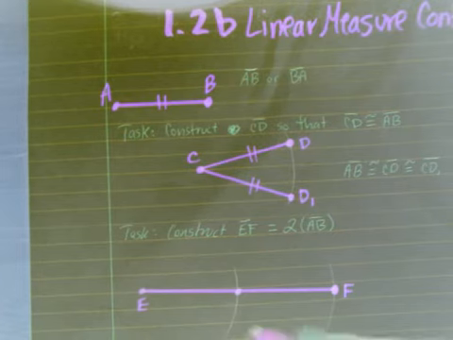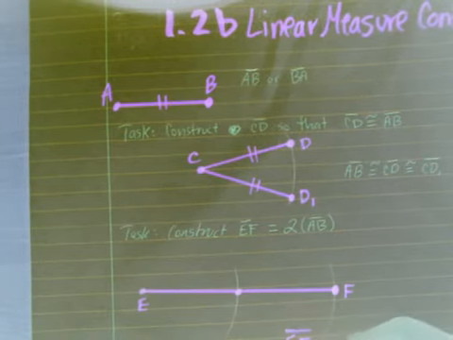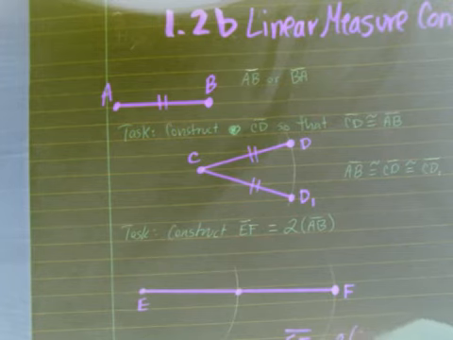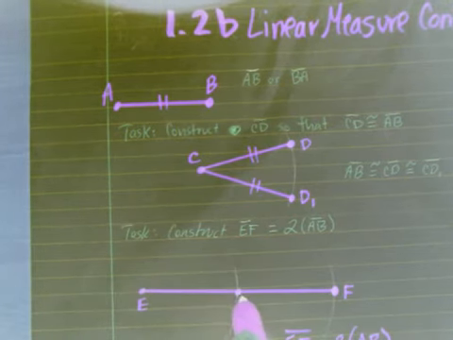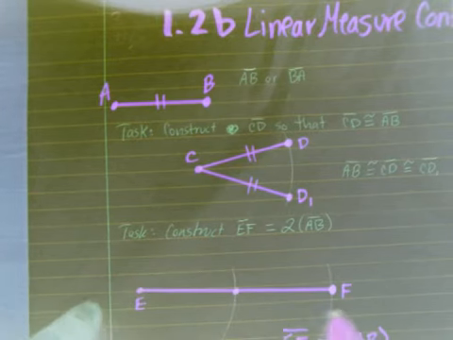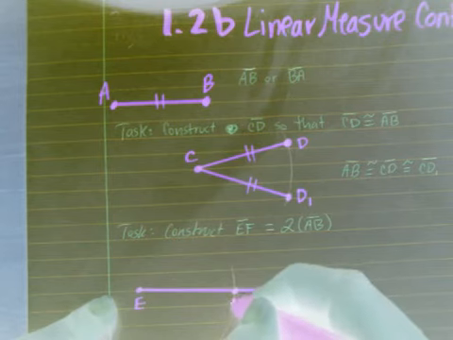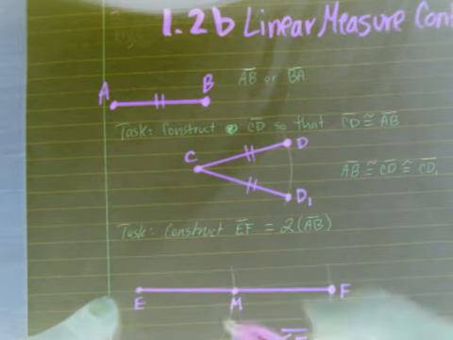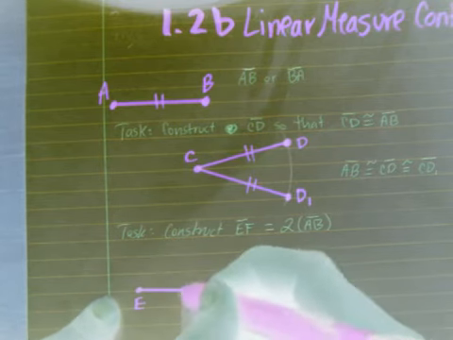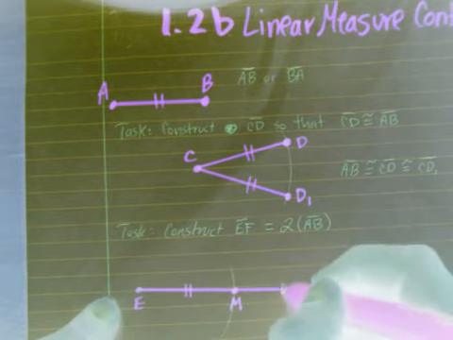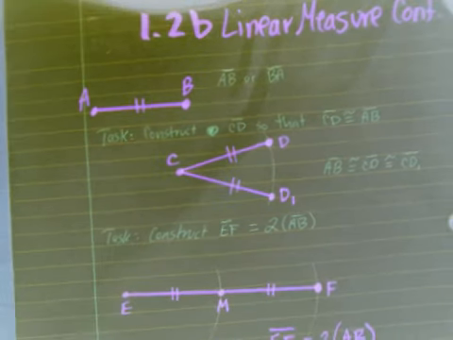Now what we could do, so here we have that EF is equal to 2 times AB. Now we know since this point was the length of AB and 2 of AB's make up EF, we could actually call this point point M, and we could say that EM is congruent to MF.